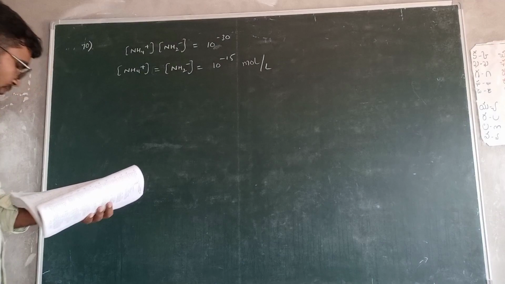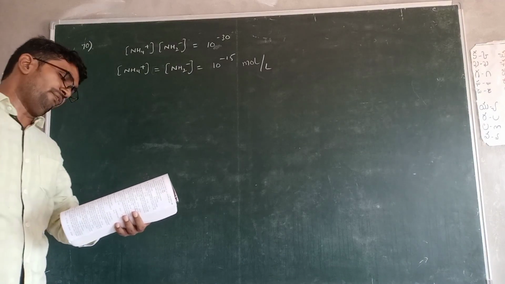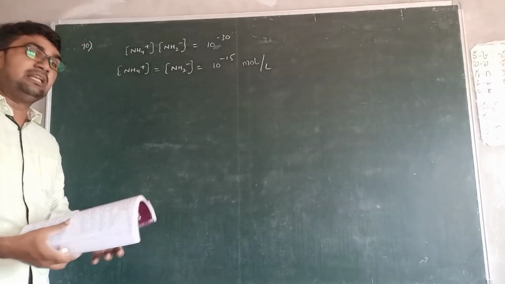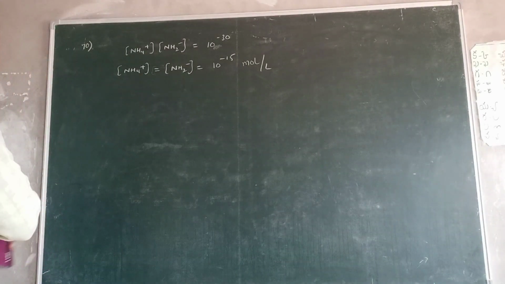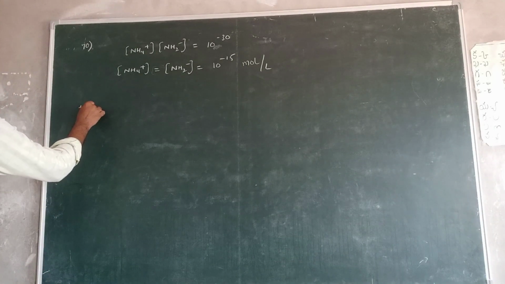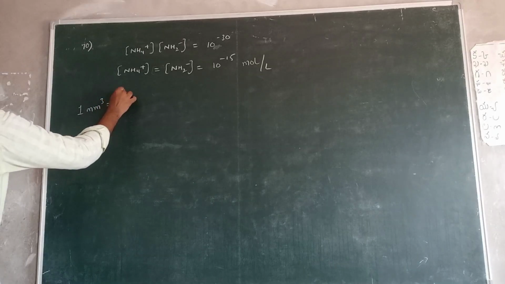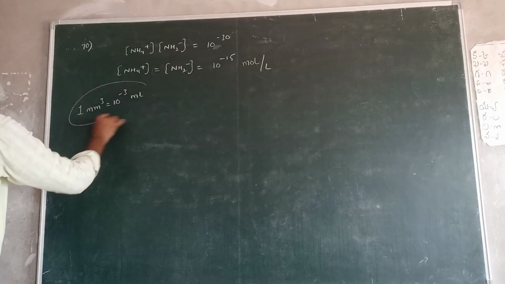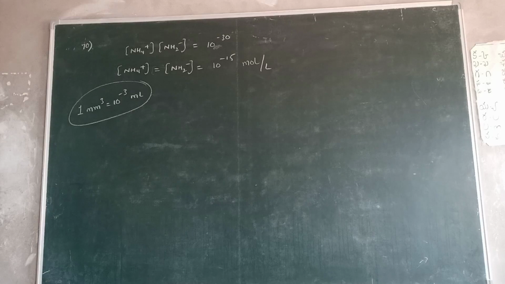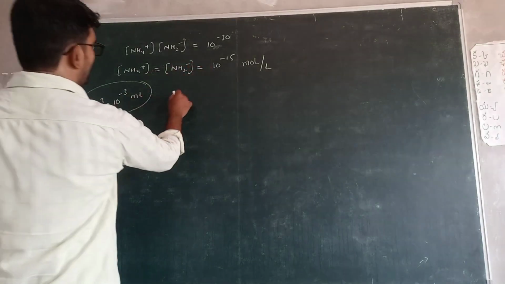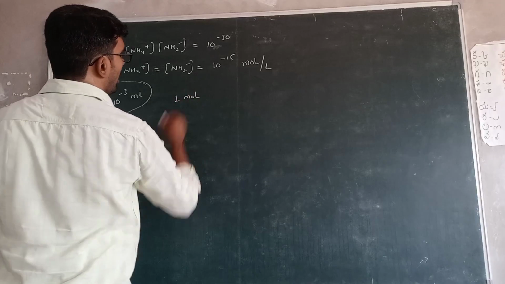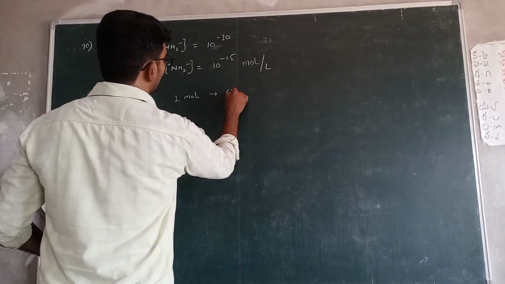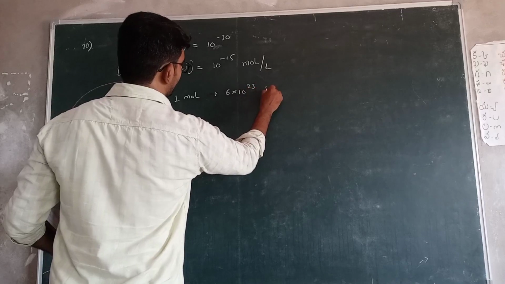Now this problem: number of amide ions present per millimeter cube. 1 millimeter cube is equal to 10 to the power of minus 3 milliliters. So first we have to calculate. First, 1 mole contains how many ions? 6 into 10 to the power of 23 ions.